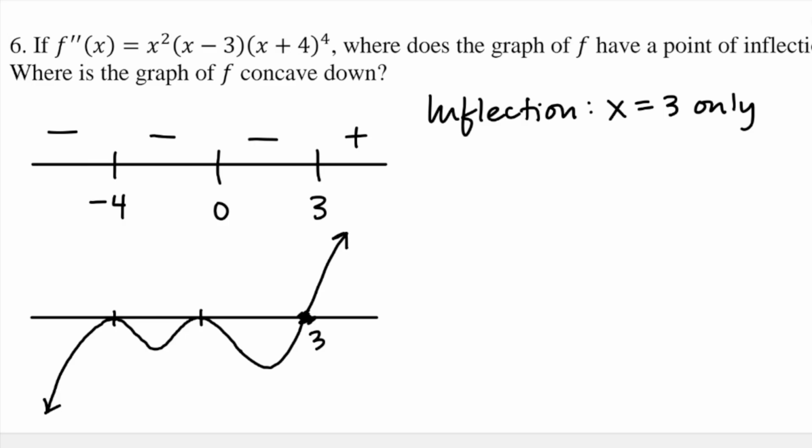But thinking about concave down, we're interested in where this is negative, or less than or equal to 0. We don't really care. So I'm going to say concave down would be when x is less than 3. Maybe I'd be wiser to say less than or equal to. But like I've said all along, it really does not matter.